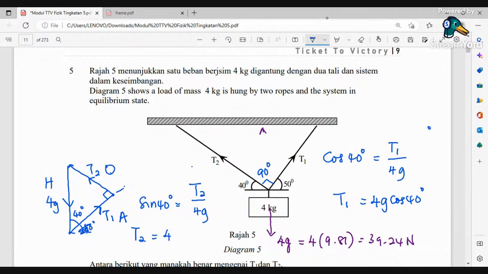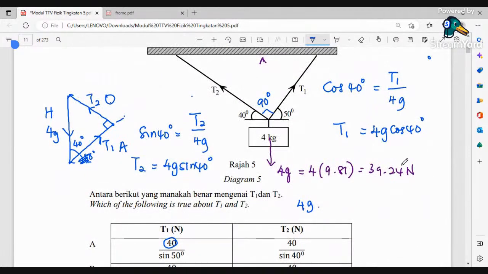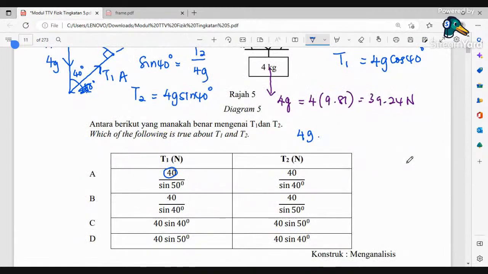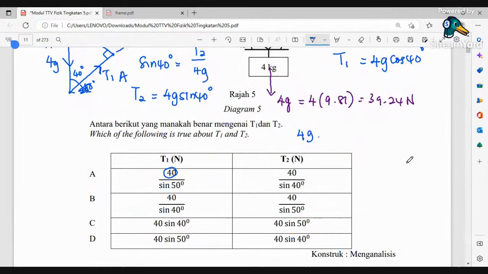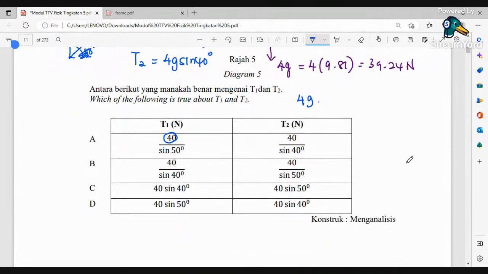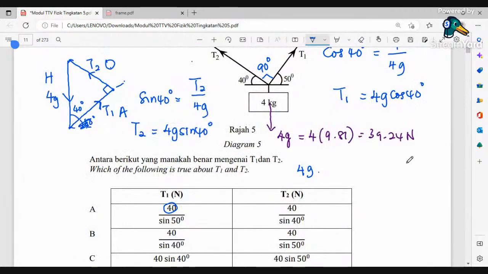So T2 equals 4g sin 40, meaning T2 is 39.24 sin 40 and T1 is 39.24 cos 40. Okay, T1 is cos. There is an answer here.